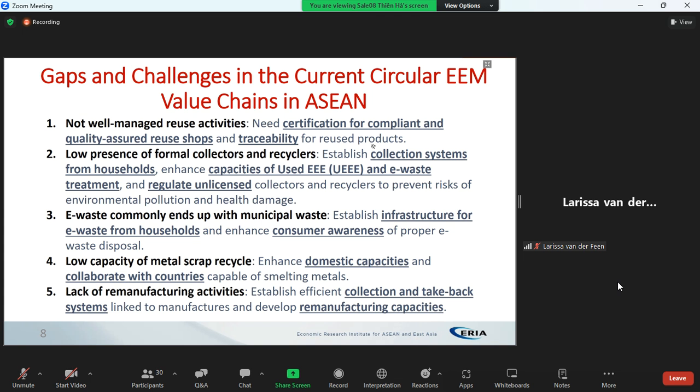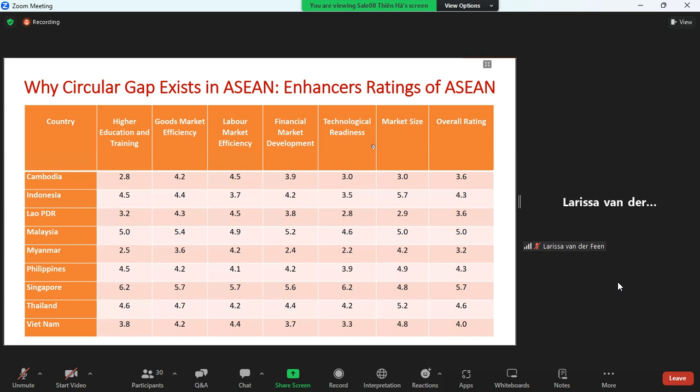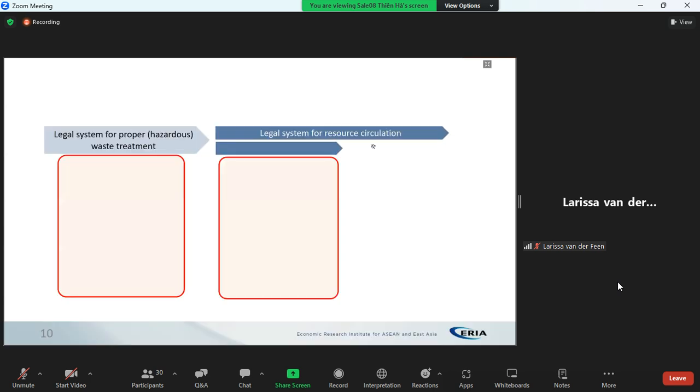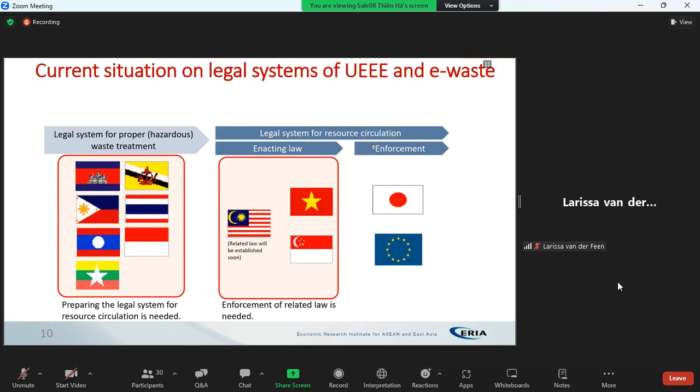Maybe the time is limited, so I will skip some parts. Many of the ASEAN countries, the seven countries, now need to prepare the legal system for resource circulation. The three countries, Malaysia, Vietnam, and Singapore, are now in the phase of enforcing laws related to resource circulation. And of course the EU and Japan are also in the enforcement phase.